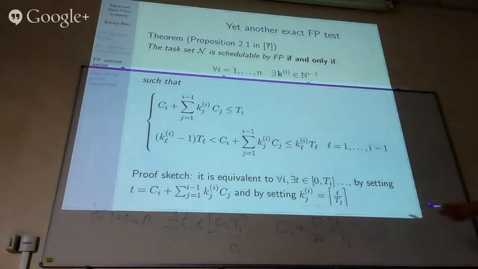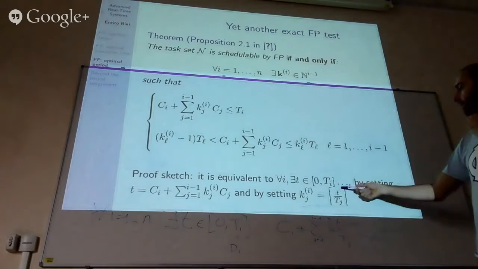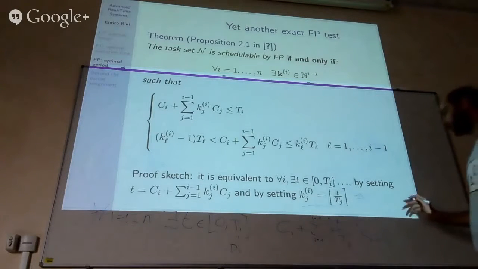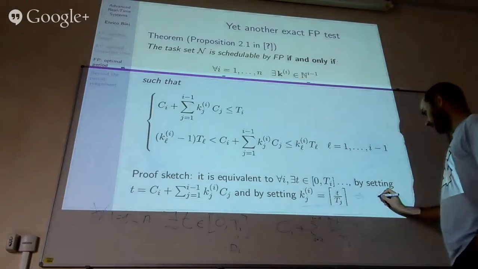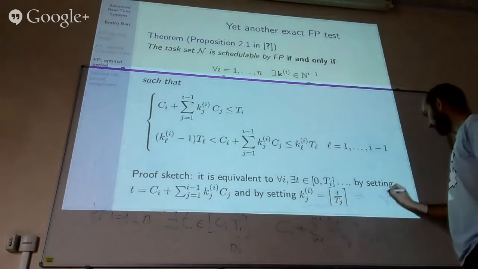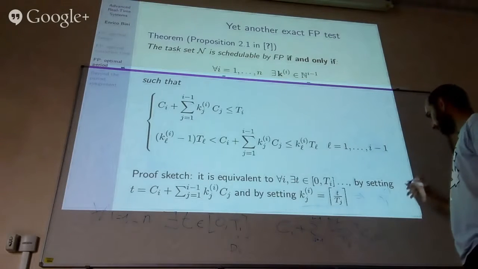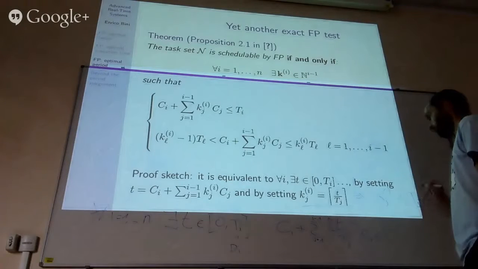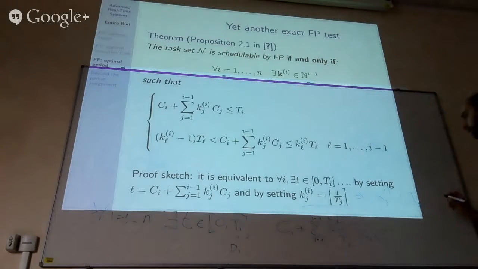Now, because of the ceiling properties, from this choice of K, I certainly know that K_{j,i} is the ceiling, so minus 1, Tj less than T is equal to K_{j,i} Tj.